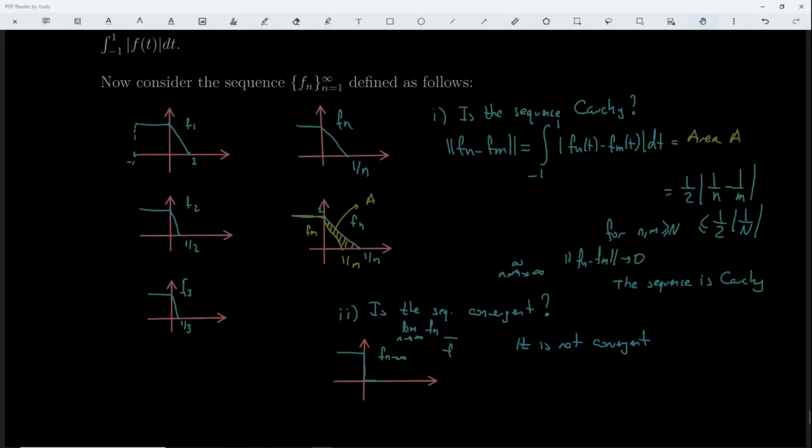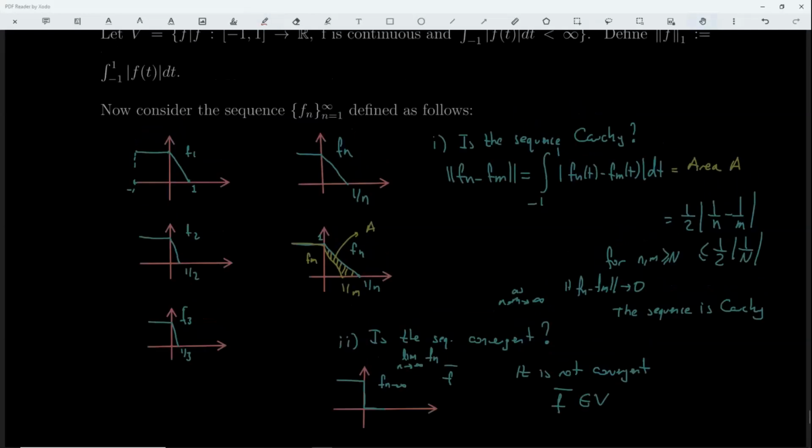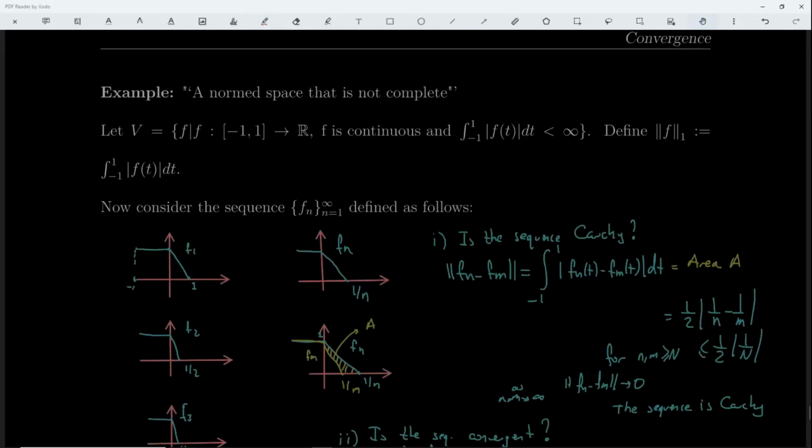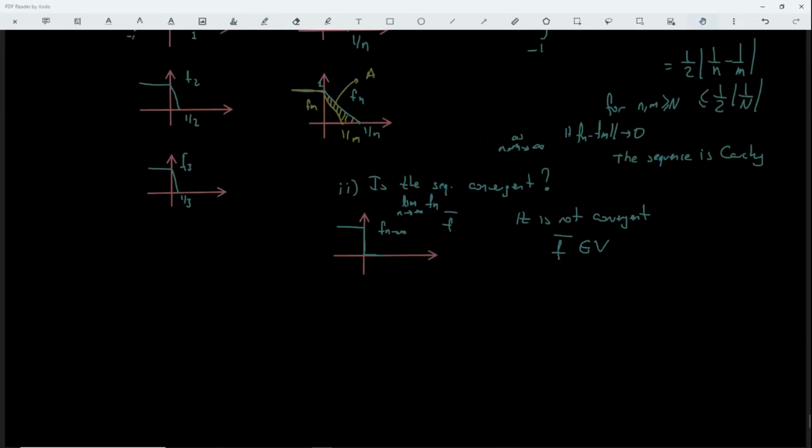But the problem is that the f bar value is not in our vector space, right? Because we said that our vector space is defined on the continuous functions. But the limit value f bar here is discontinuous at 0, right? So since the limiting value is not in our vector space, the sequence is not convergent.